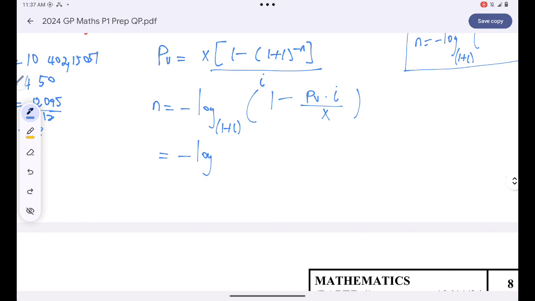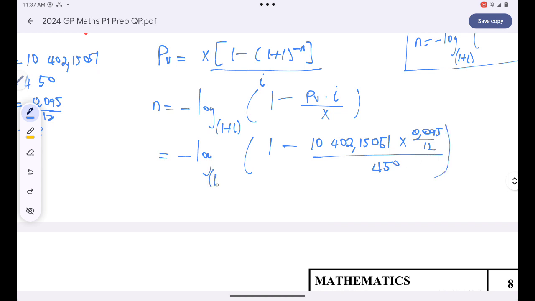That's the log of 1 minus our present value, 10,402.15051, multiplied by the interest, 0.095 over 12, divided by 450 rands, with base 1 plus 0.095 over 12.